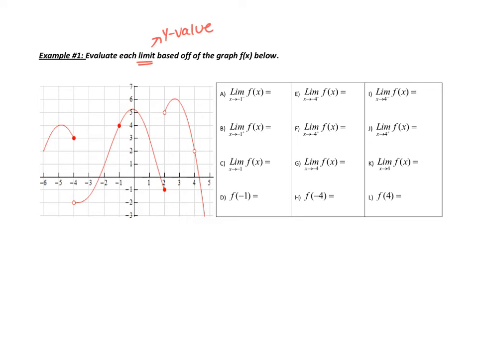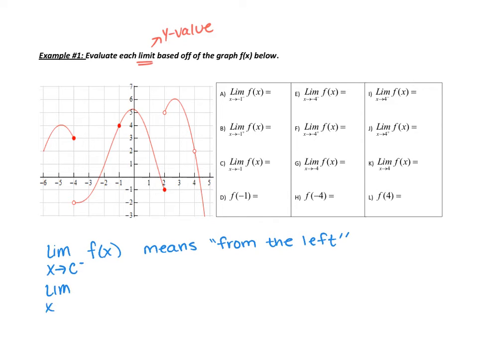So what I actually want to do is take a couple of notes before we can answer this. We'll say the limit as x approaches c minus of f of x means from the left. And the limit as x approaches some constant c with a little plus sign next to it of f of x means I want to find the limit from the right.